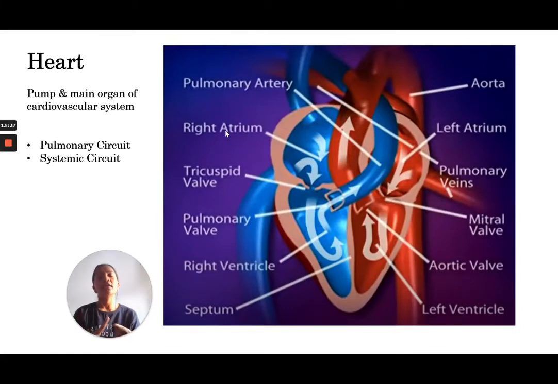When oxygenated and deoxygenated blood is transported between the heart and the lungs, it's pulmonary circulation. Systemic circulation is when the heart circulates blood from the heart to the body.